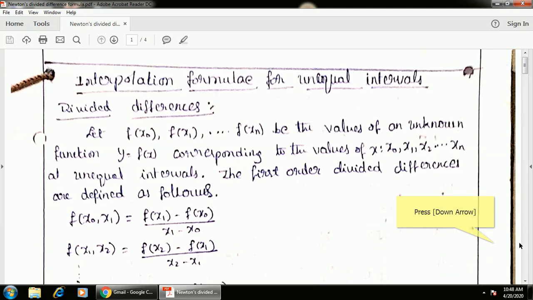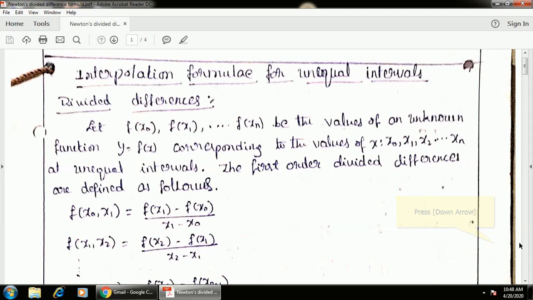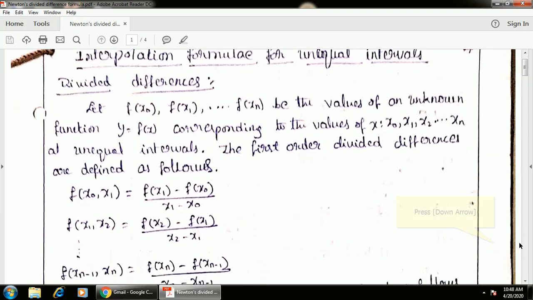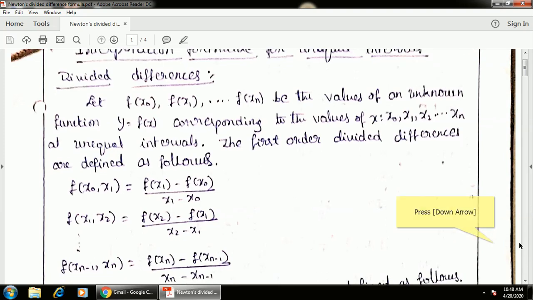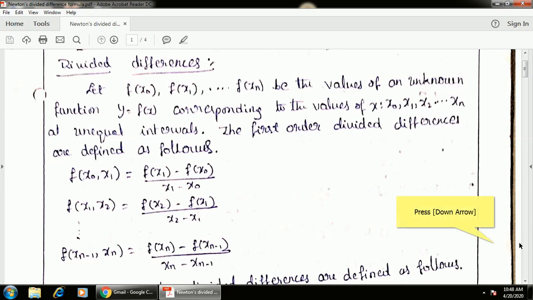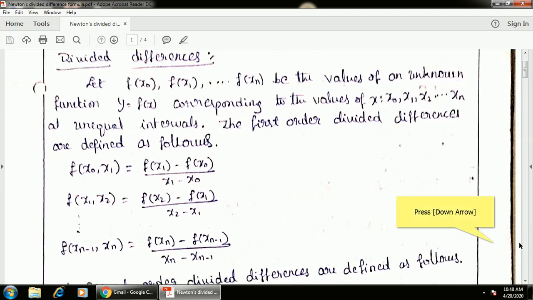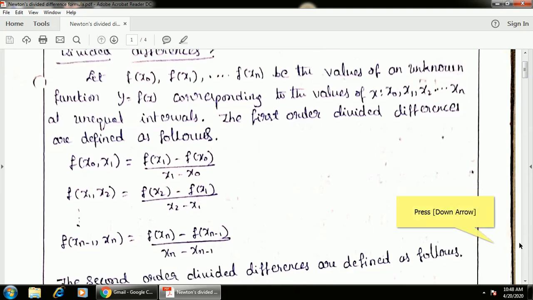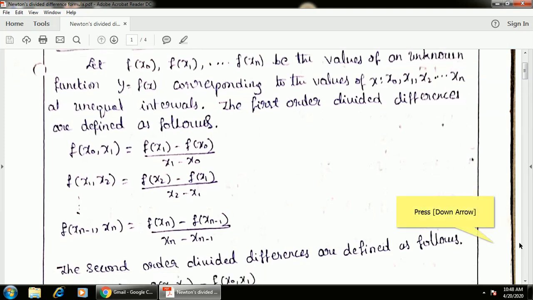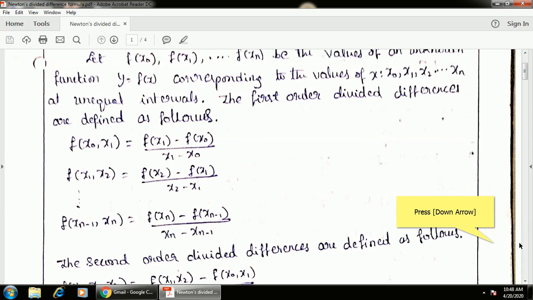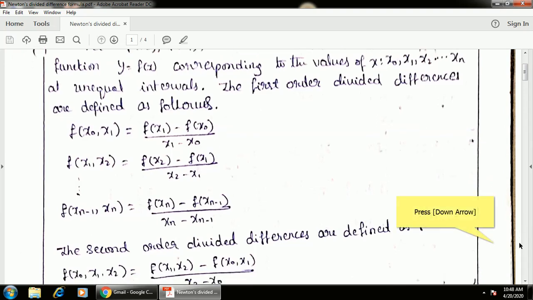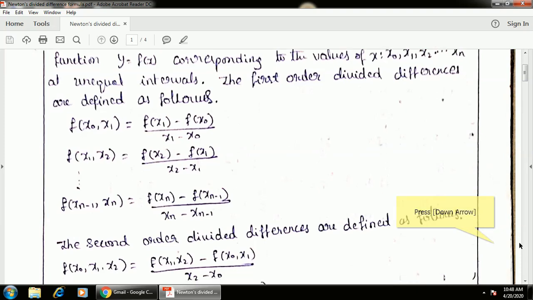These are the first order divided differences.